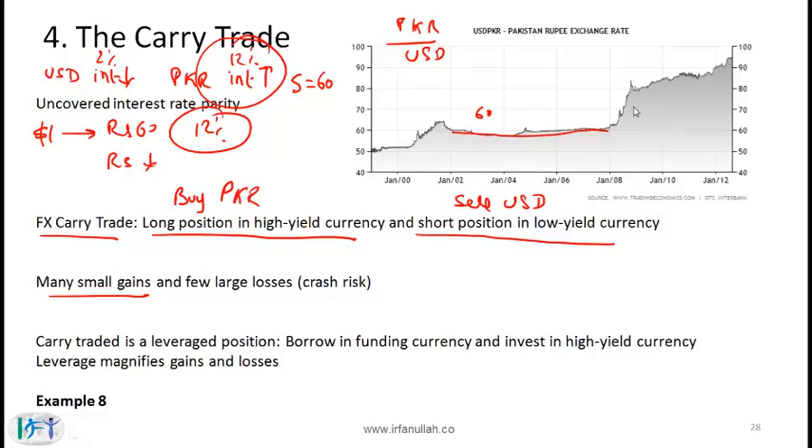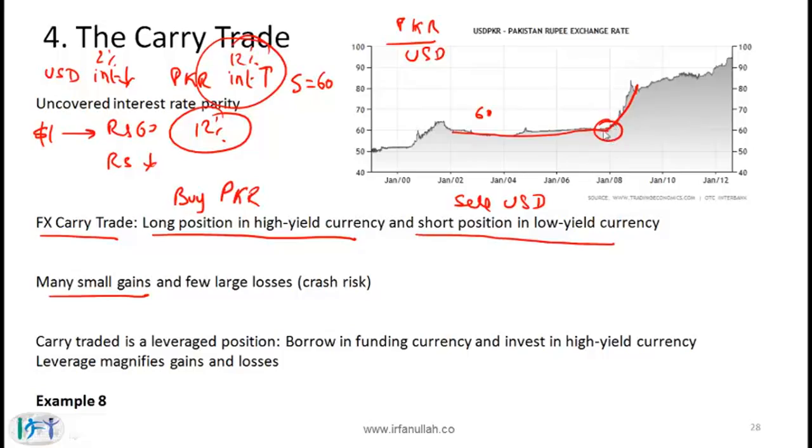However, there is a huge risk. So if an investor saw the stable exchange rate between 2002 and 2008 and decided to engage in this carry trade over here, he would make a huge loss, because after 2008 the dollar appreciated and the rupee depreciated very fast.